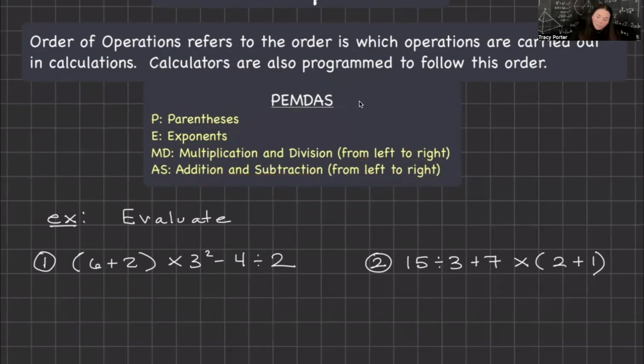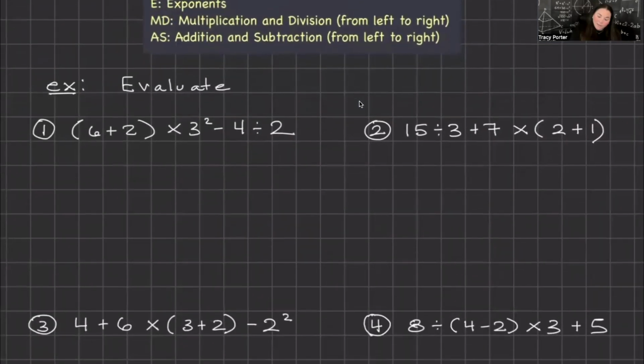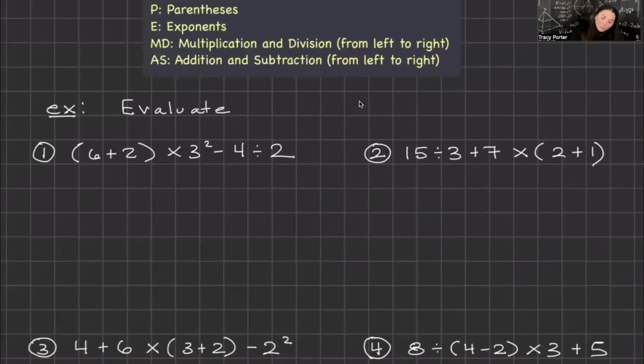So we're going to look at a few examples. This is the first one. I'm going to put this down a little bit so we can make sure you see our order of operations. If we have any parentheses, we can take care of that, which is right here. Then we can do exponents as well. Then we check if we have any multiplication and division after we do that.